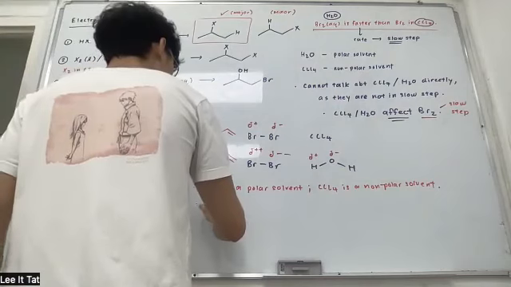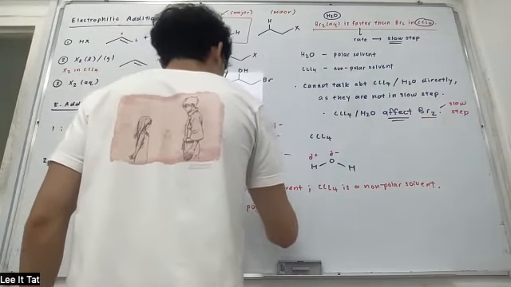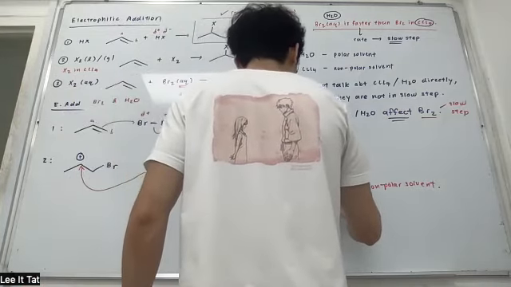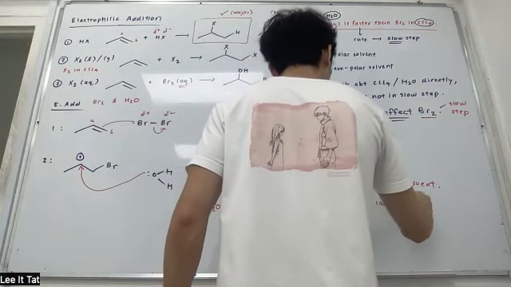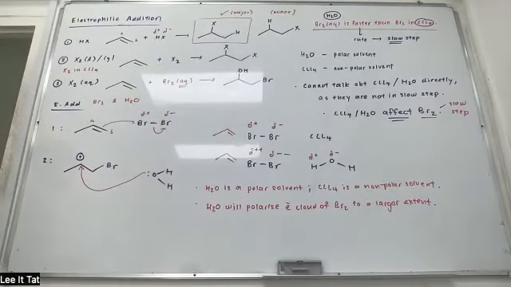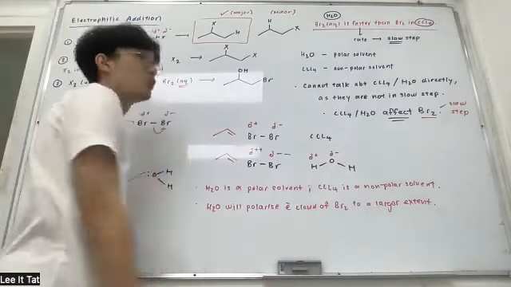So H2O will polarize the electron cloud of bromine to an even larger extent. So it pulls the electrons even more towards the right hand side.